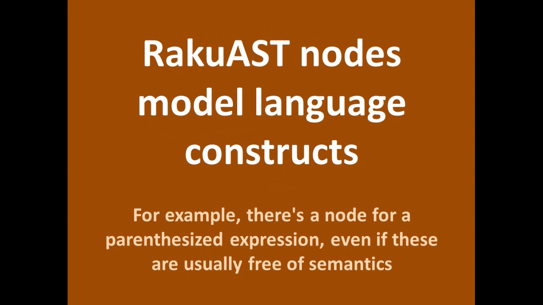This actually comes up quite useful when it comes to compiling argument lists, because there, if we have a fat arrow pair and it's directly in the argument list, then that is a named argument. If we wrap it in parentheses, it just becomes a positional argument of type pair. So these things actually matter, and this does turn out to simplify the compilation of argument lists as well.